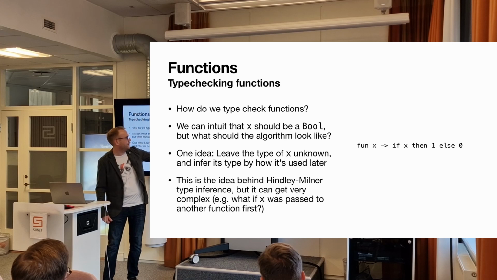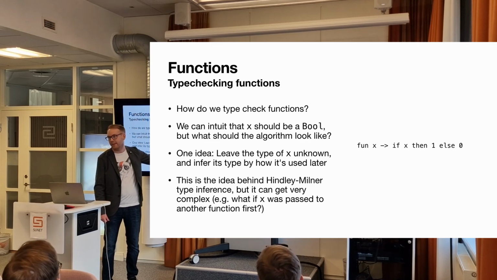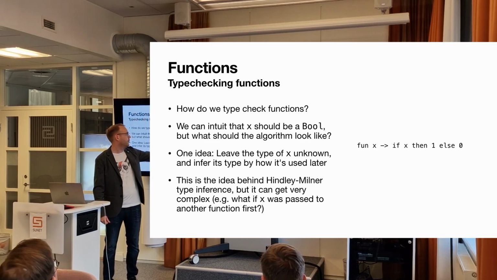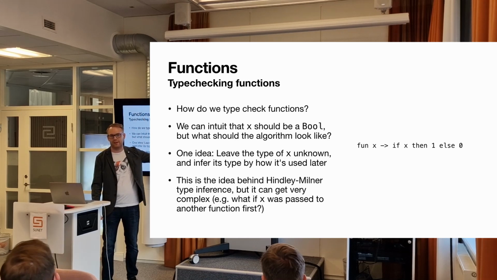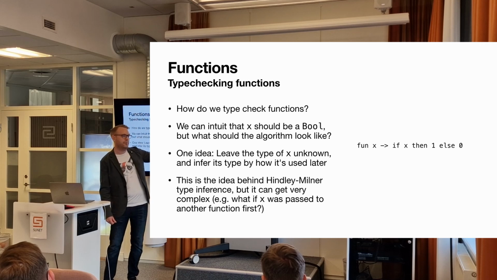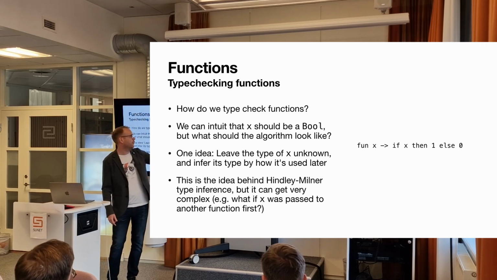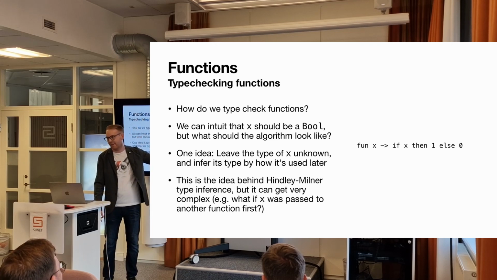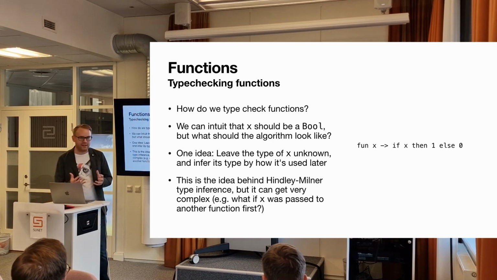The problem is that the funX thing is the first thing we get. Inside is a term that we haven't type checked yet, but when we apply the function, we also want to know if the application is well typed. But we don't know what x is supposed to be. Intuitively, you and me, we can see that of course this is supposed to be a bool because there's a Boolean expression inside.